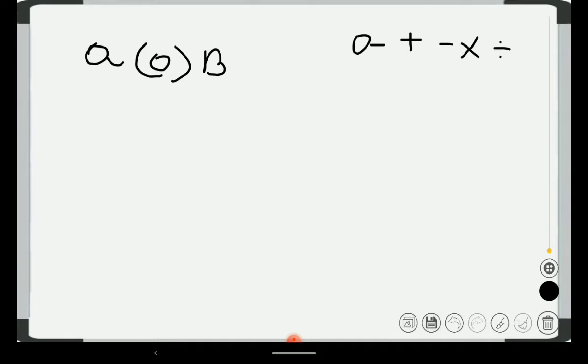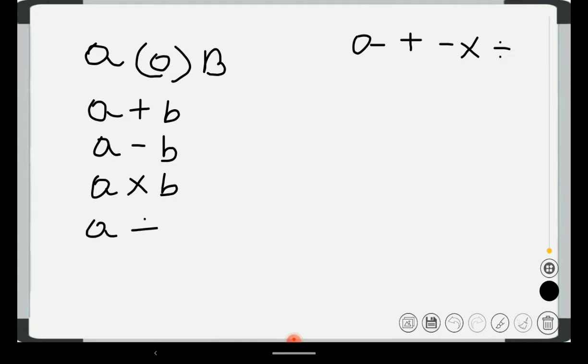So A plus B, A minus B, A into B, and A divided by B.